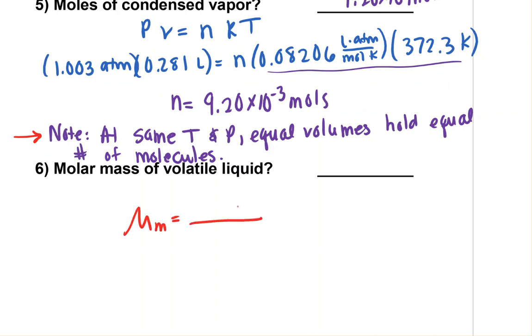And you're just going to use the definition of molar mass. It's grams over moles. So you plug in the grams of the condensate and divide by the number of moles you had.